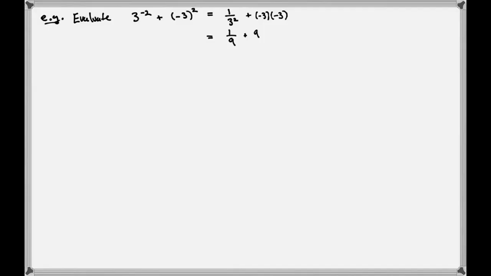If you wanted to combine those into one term, you could find a common denominator here. Here I have a factor of 9 in the denominator, so I'll multiply this second term by 9 over 9. That's just multiplying by 1. It won't change the expression at all. And so I have 1/9, and then the second term is 81 over 9.